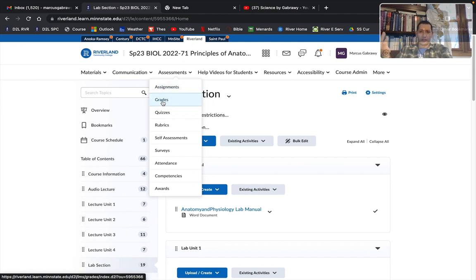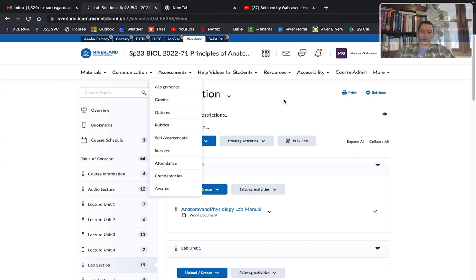And here you check your grades. If there's something that you see under grades that's not graded and we didn't talk about it, then just don't worry about it.